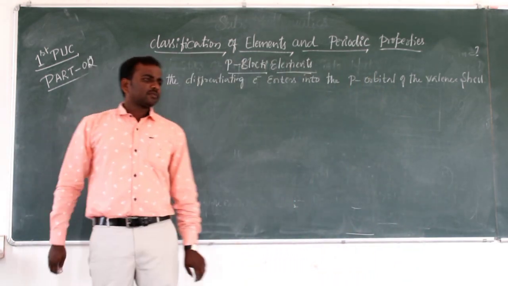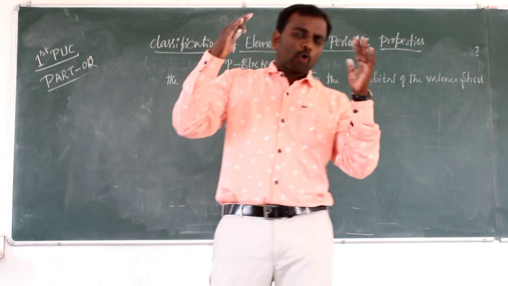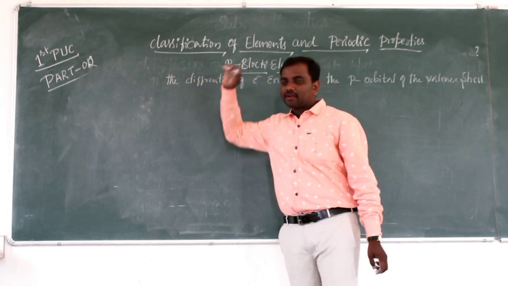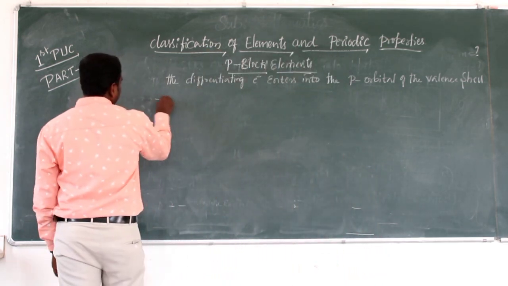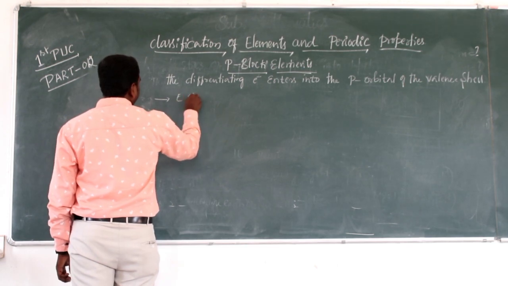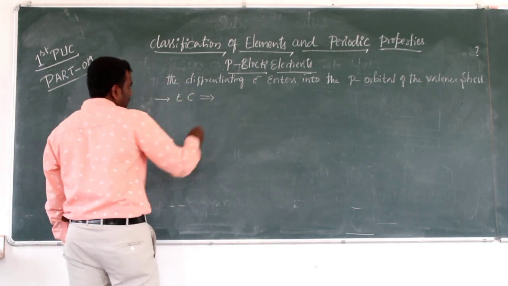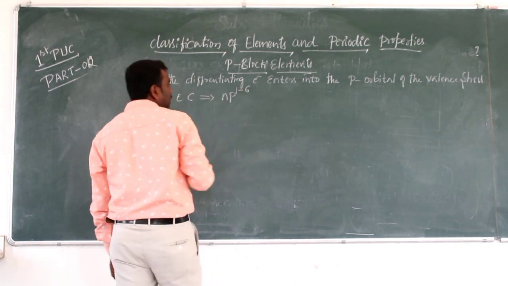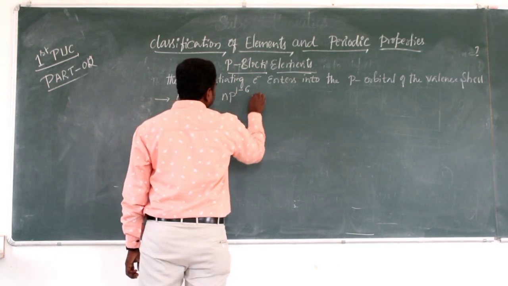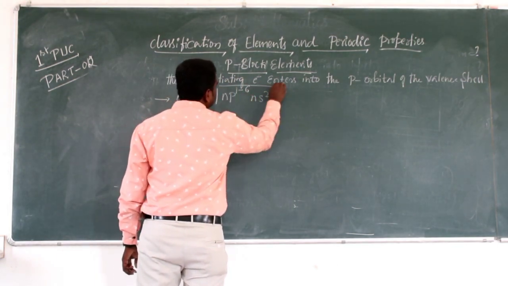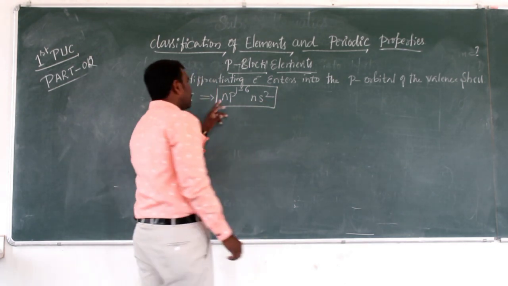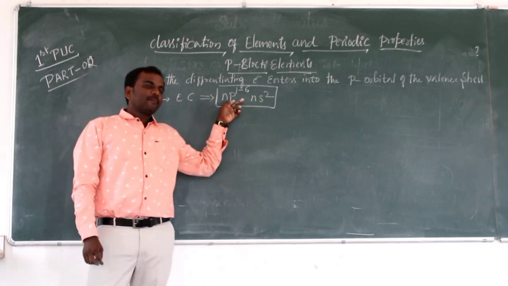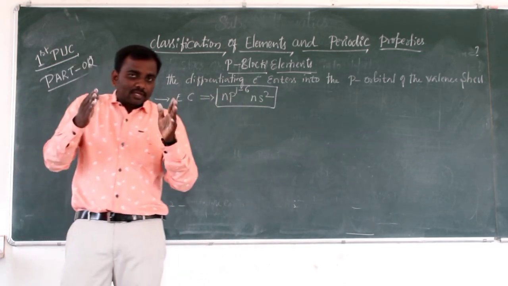P block elements. See, what is the general outermost electronic configuration of P block elements, right? The general electronic configuration of the P block element is ns2 np1-6, right? This is the electronic configuration of P block elements. Okay, this p orbital contains maximum 6 electrons.